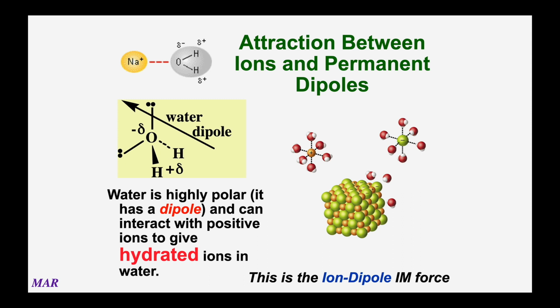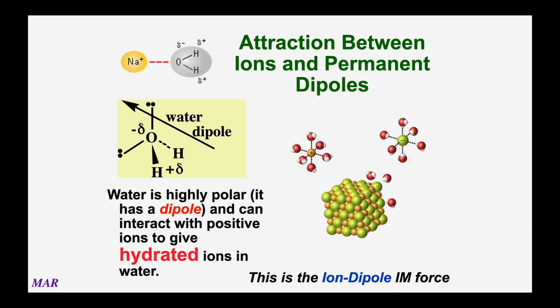And dipole, if you remember from previous sections, is nothing more than something that's polar, all right? And that's the first big clue I want to give everybody. If you see the term dipole in this class, or in this section, more importantly, dipole means that something is polar. So you've got something with a charge, an ion, and something that's polar, it's got a dipole.